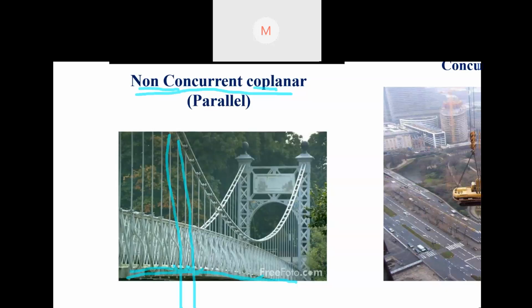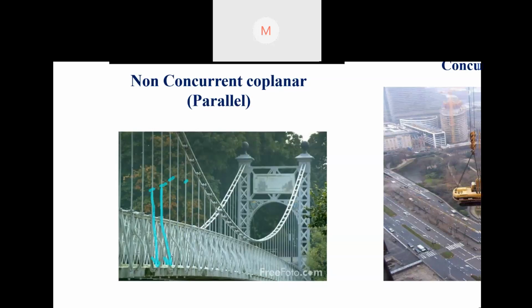This is only one plane, but all these ropes, every rope or every support system, they are just coming here. This one, this one, this one, everyone here. So they are just coming here and joining here, right?